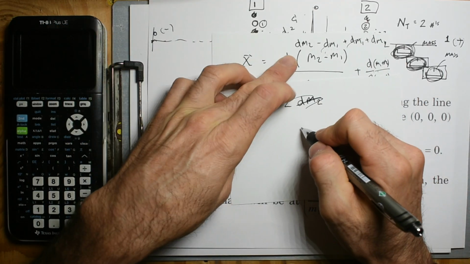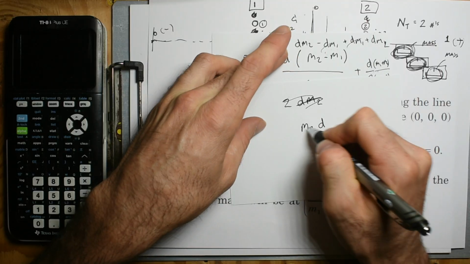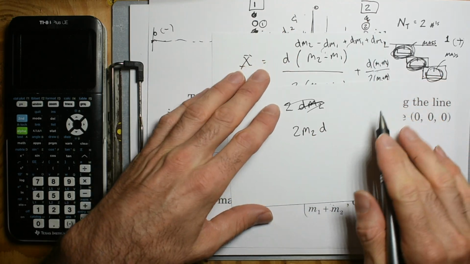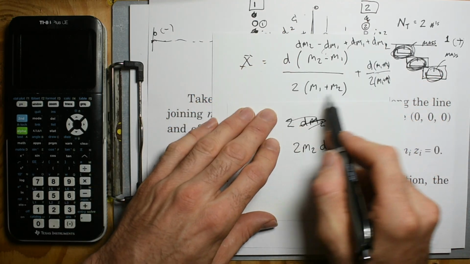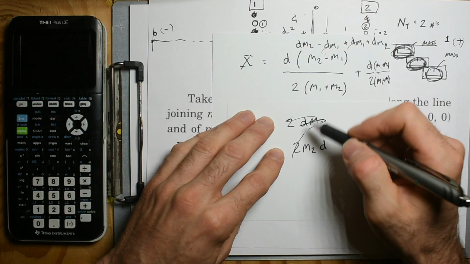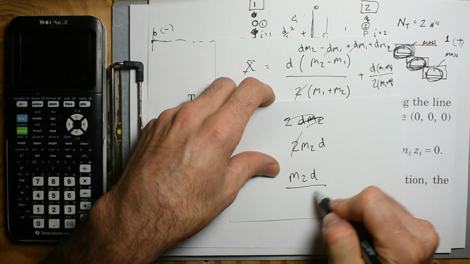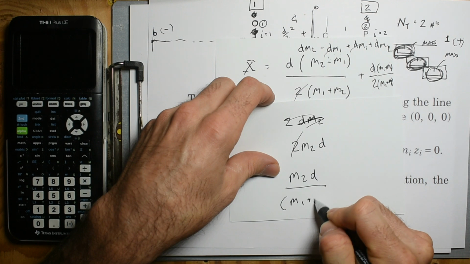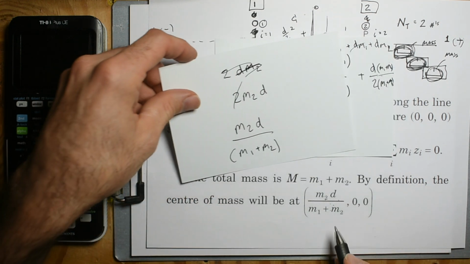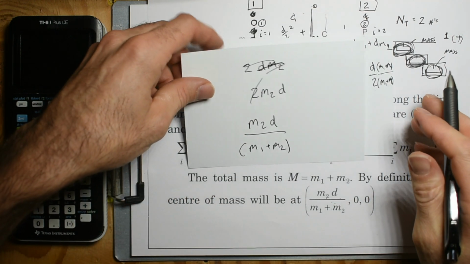Sorry about that. So we're going to have m2d, and 2 of those upstairs, and the downstairs has a 2 in it, so let's just get rid of the 2. And I'm back to m2d over m1 plus m2. So that's right there, and we're good to go on that.